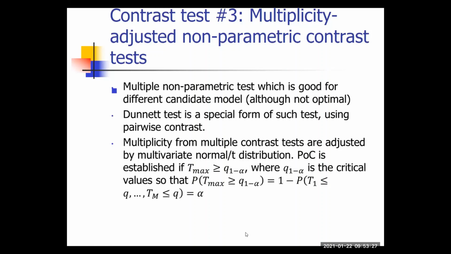And they look at the highest t value. Remember, for each model, they write it as a contrast. For each contrast test, you can do a t-test, and then you compare the maximum t value with a critical value. If the maximum of that model works, then you can say concept is proven.